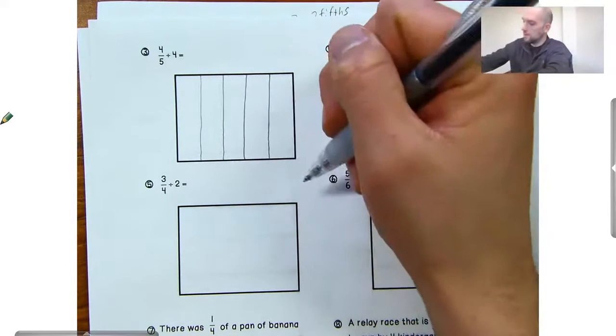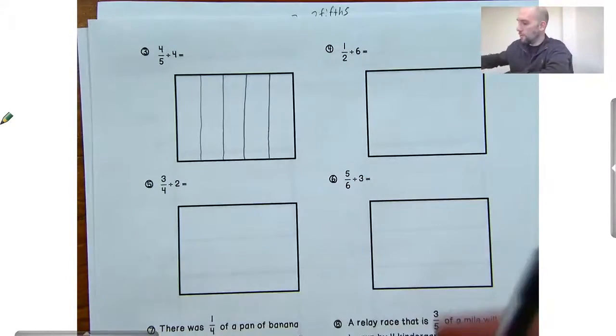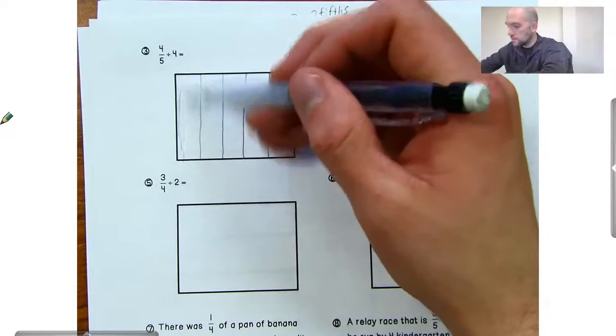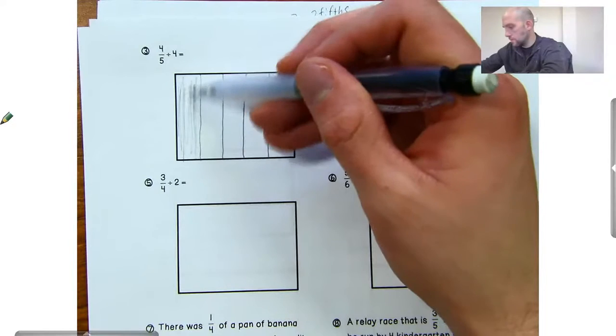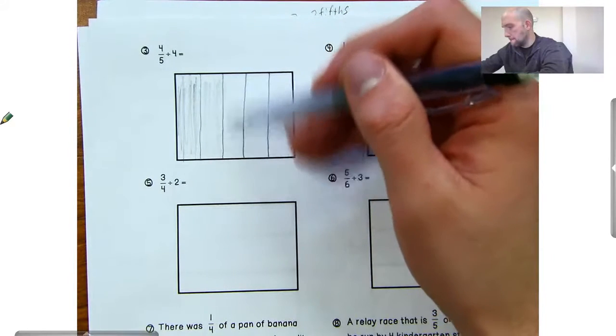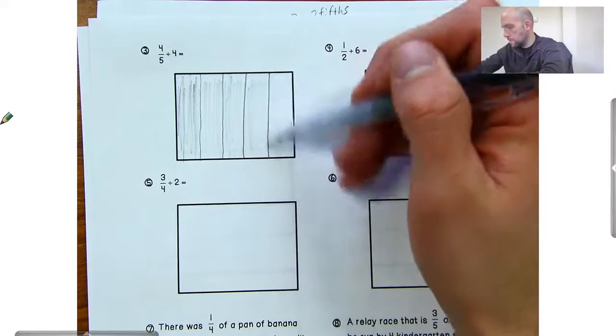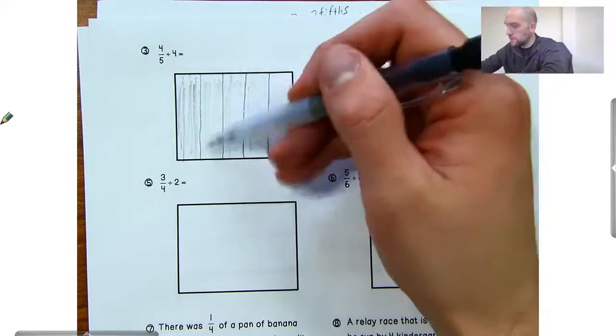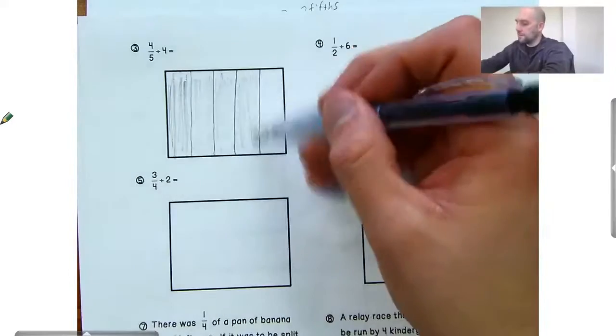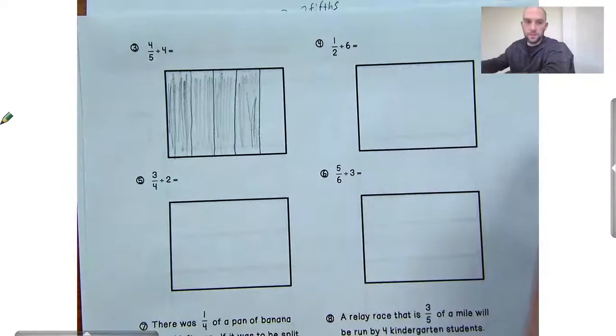Those parts look a little bit better this time. So I need 4 out of the 5 of those shaded. So it's 4 shaded out of 5, 4 fifths.